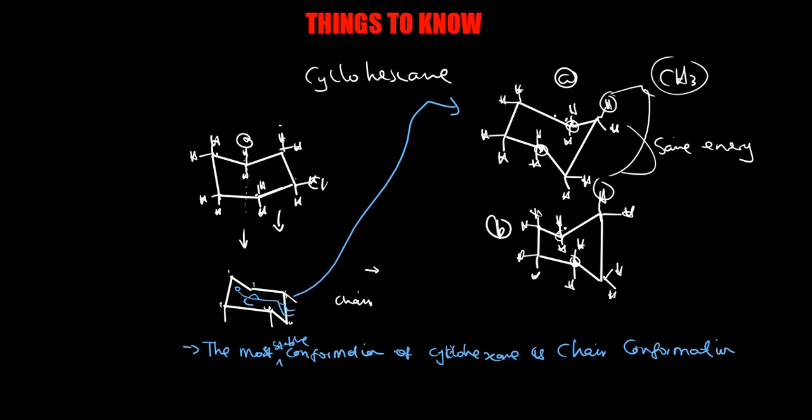But if I put a methyl here on the horizontal, that is what we call equatorial, in the equator. So if you see equatorial or axial position, that's what we mean. The y-axis is axial and the x-axis is the equatorial position. So don't get confused when you see these words.